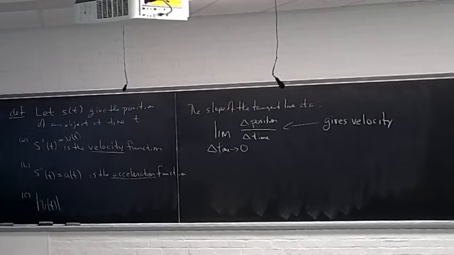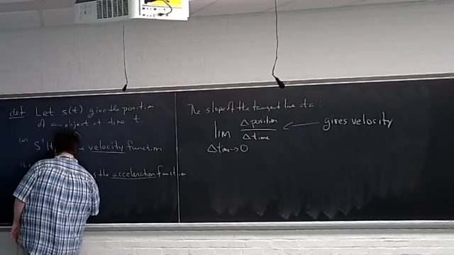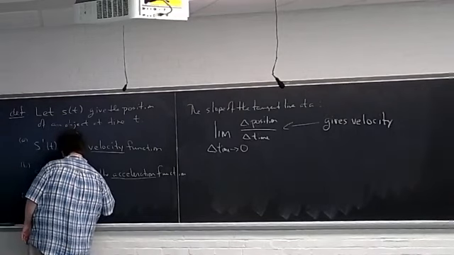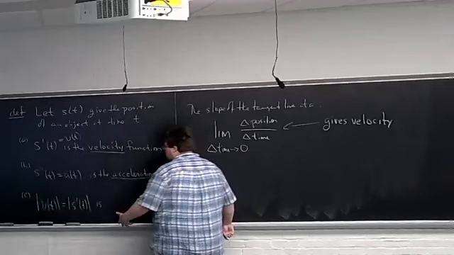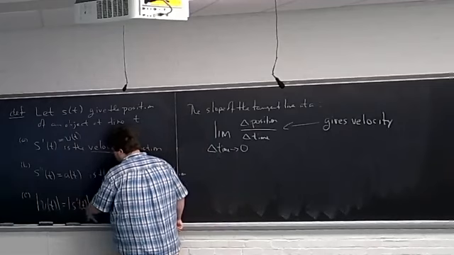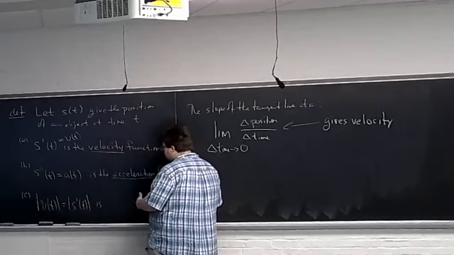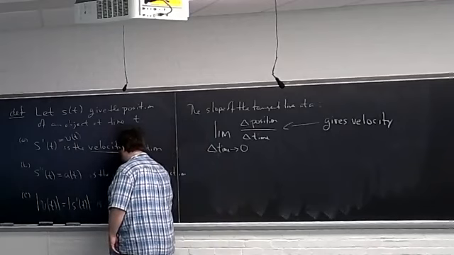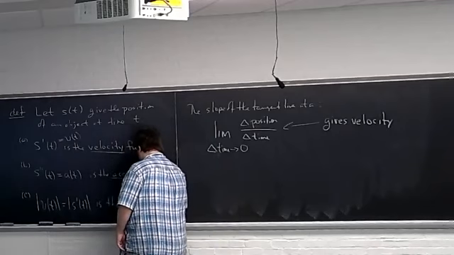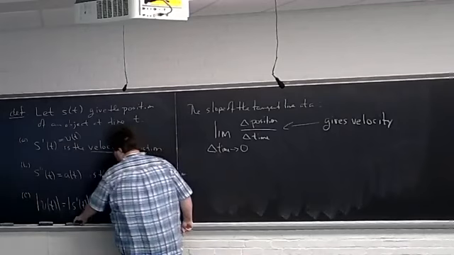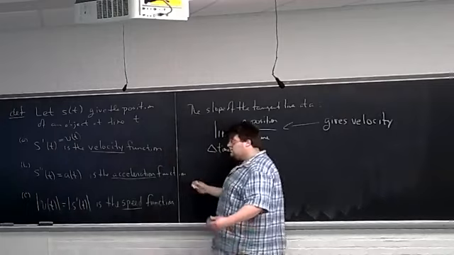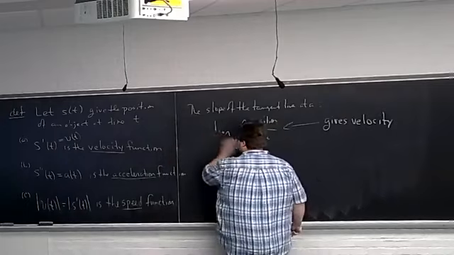The absolute value is going to treat walking forward and walking backwards the same, because the negatives become positive. Also we can find that the absolute value of the first derivative is the speed function. And the speed function is going to treat walking forward and walking backwards the same.